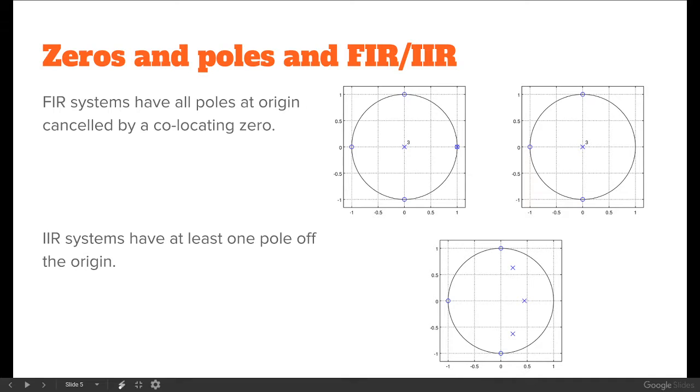Zeros and poles. Yesterday we talked about these special points. FIR systems have all poles at the origin or cancelled by a co-locating zero. Just like those two top pictures here. This is the 4-point running average filter, the feed-forward type, straightforward calculation.